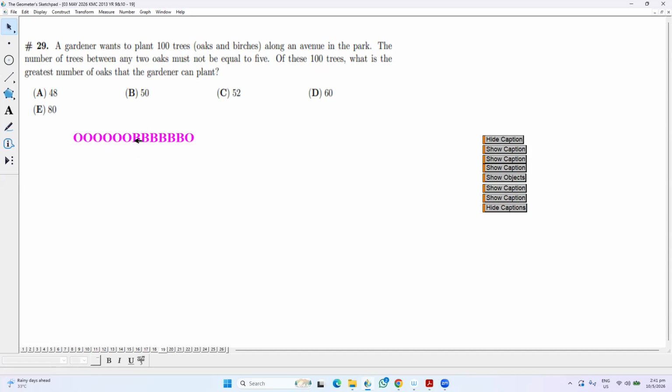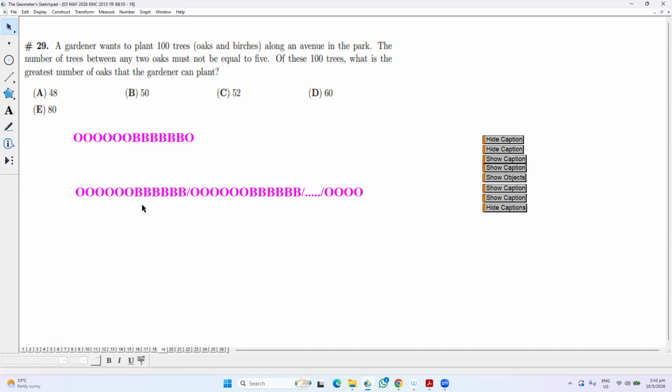So if I put one more, cannot already, so I have to put B. Then when I put B, I cannot put O again because I will have 5 trees. So forced to put B 6 times. Then O can come in. So if you try others, you cannot get that. You want more O, you must put more O.